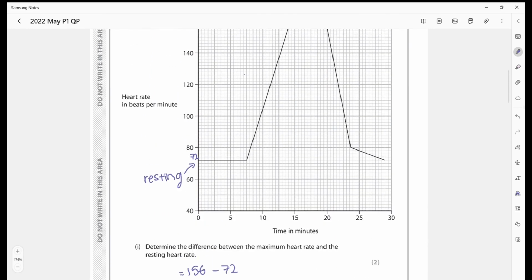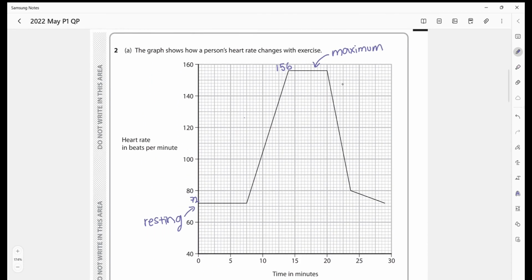So when the person is recovering, that means that their heart is returning all the way down to their resting heart rate, which should be back to 72. Right, so their maximum heart rate here reaches, at 20 minutes, that's when it's at its maximum, and then it takes them until minute 29, this minute here.